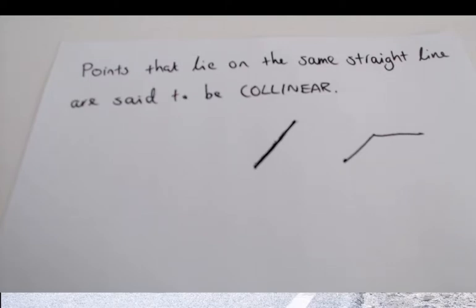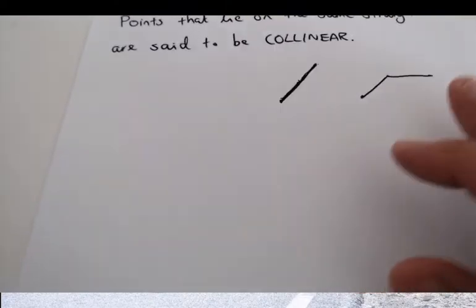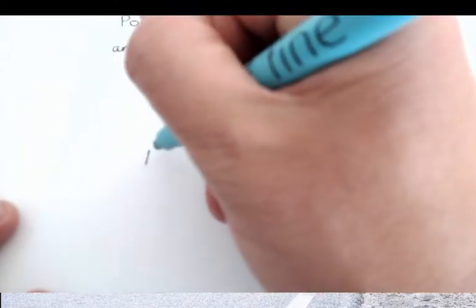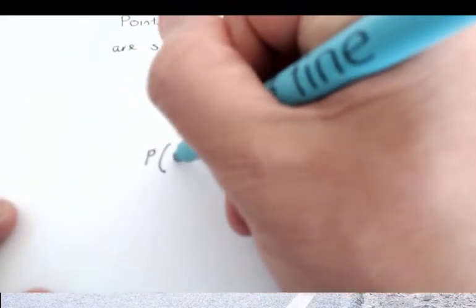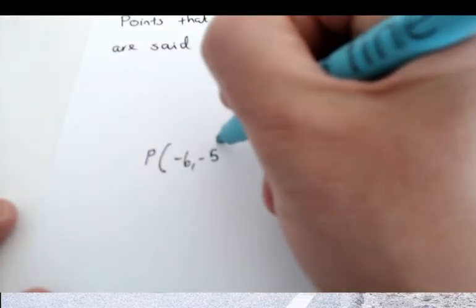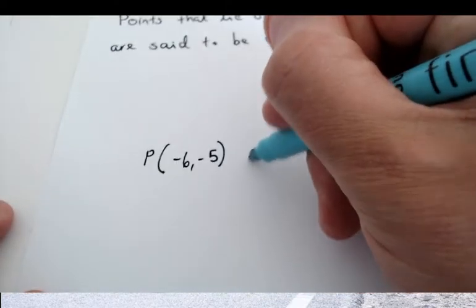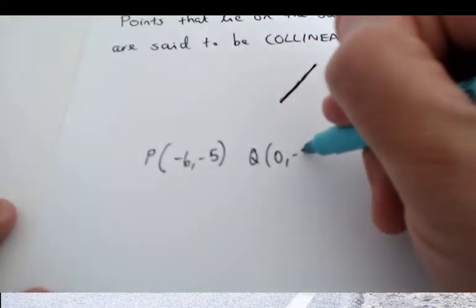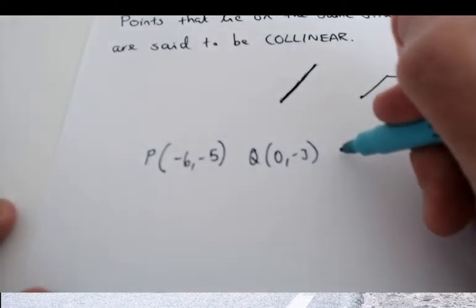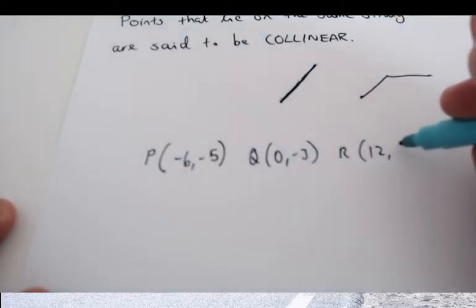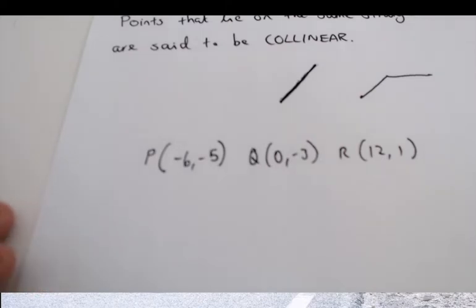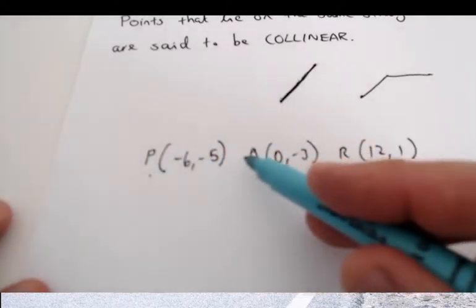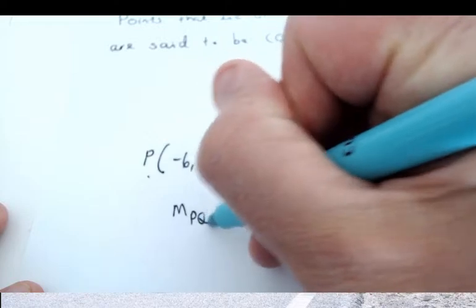So for example, if we had the points P, which is -6, -5, Q, which is 0, -3, and R, which is 12, 1, we are going to show that these points are collinear. The first thing I'm going to do is take my first 2 points, P and Q, and find the gradient.